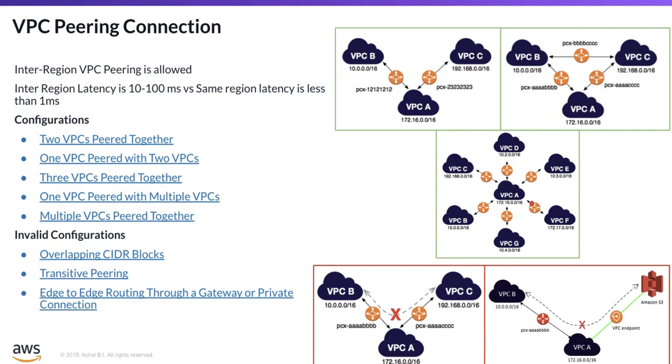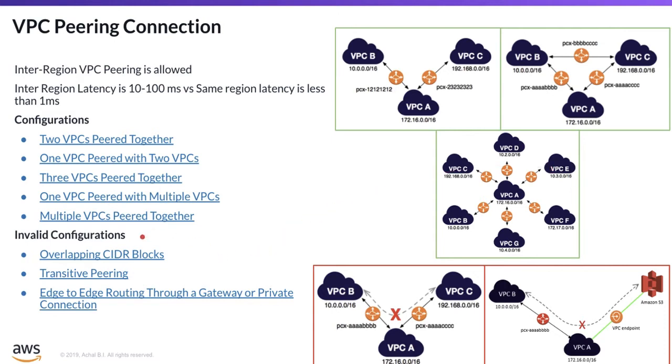So this is an example of one VPC paired with multiple VPCs, and there is also a way where multiple VPCs are connected with each other, and everything has to be connected. If one VPC wants to talk to another VPC, there has to be an exclusive peering connection between them.